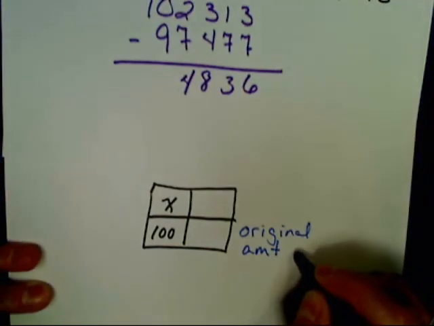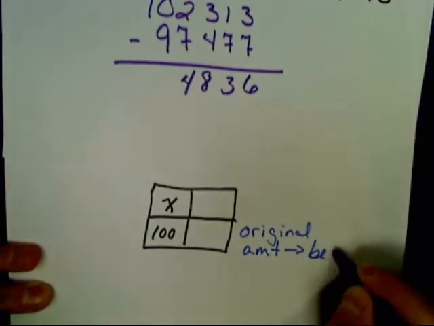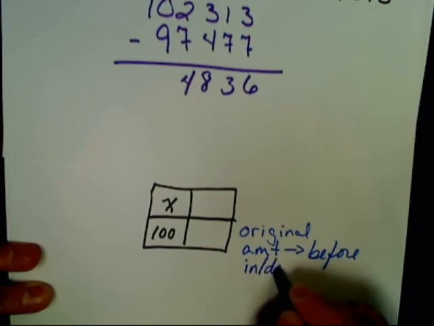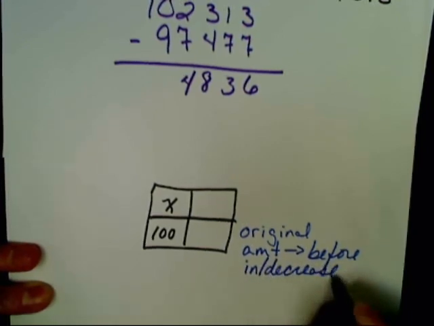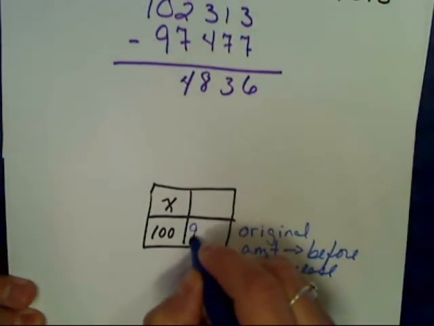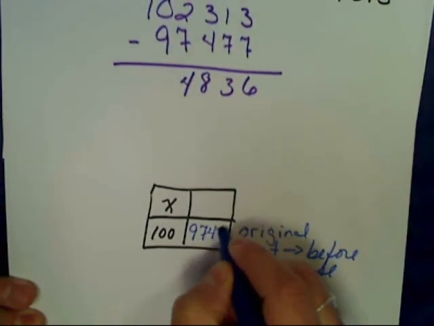This is before an increase or a decrease. So even though you think that you're going to use today's population of the 102,000, you're not. You're going to use the 97,000 because we're increasing from there. So in this problem, this is going to be the 97,477.